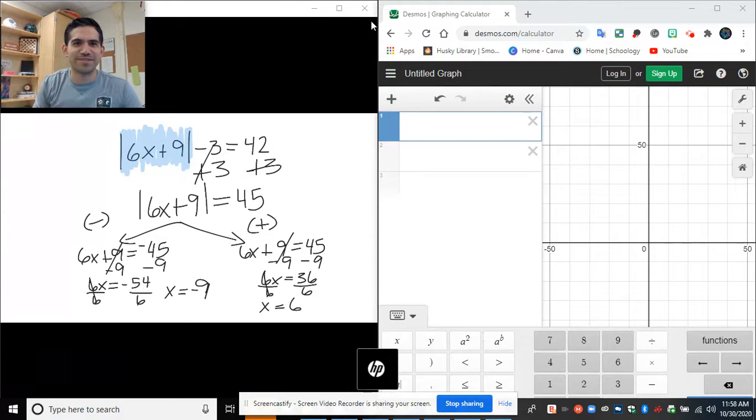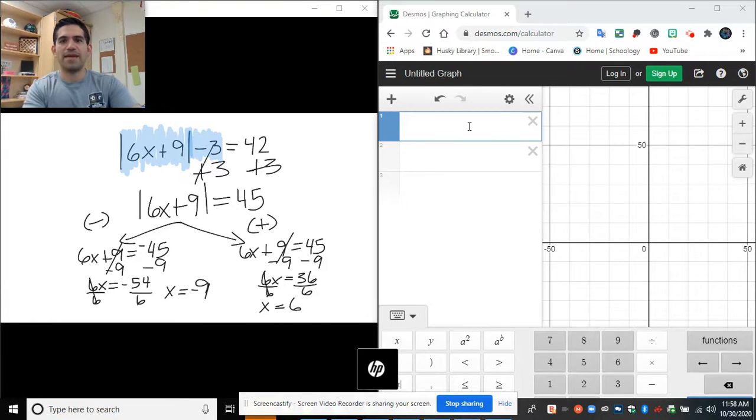And this is where Desmos kicks in. For Desmos, we're going to always split this up into two parts. The left side of the graph, let's do this one in blue. We're going to go to the original problem and do the left side of the equal symbol. We want to figure out when this equation equals 42.